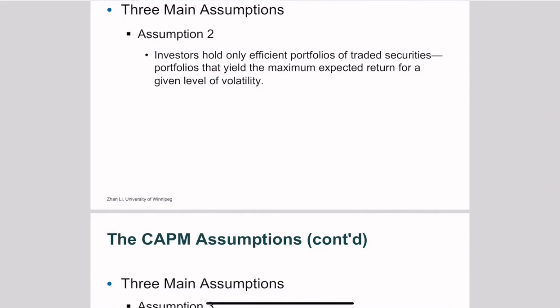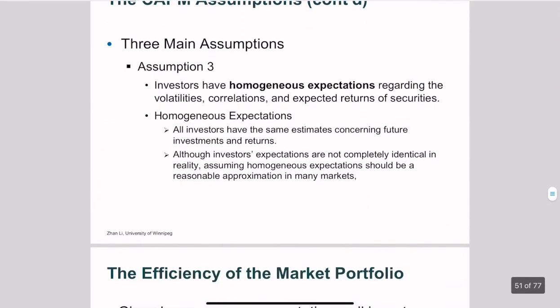This is actually a strong assumption, right? It basically says that every investor is smart. Every investor is fully rational. Every investor would hold the best portfolio, that is, the efficient portfolio. Now, assumption three, investors have the same expectations about volatilities, correlations, and expected return of all securities in the market.